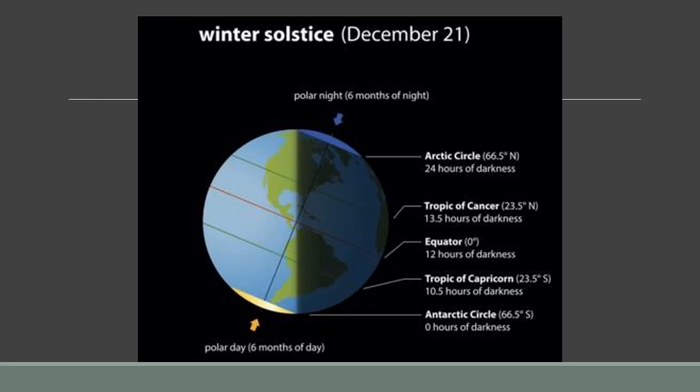The sun rays are falling directly over the Tropic of Capricorn. Hence, it has 10.5 hours of darkness and 13.5 hours of daylight. And the Antarctic Circle. That region will always get the sun rays. Hence, it has polar day or 6 months of day, or 0 hours of darkness.